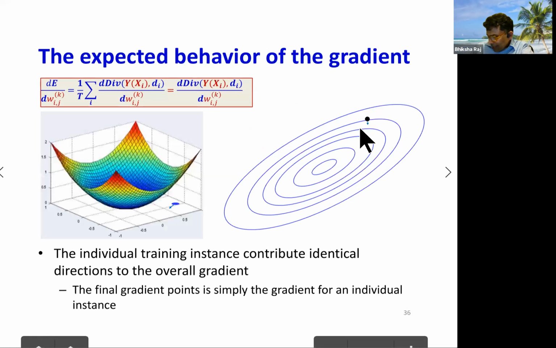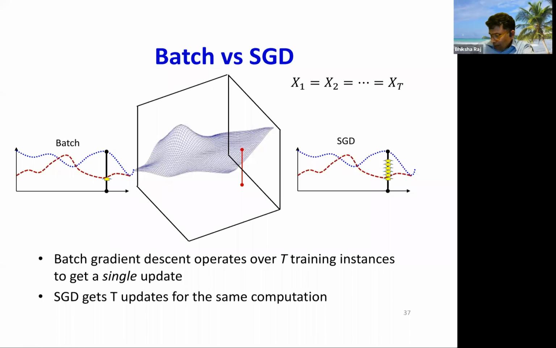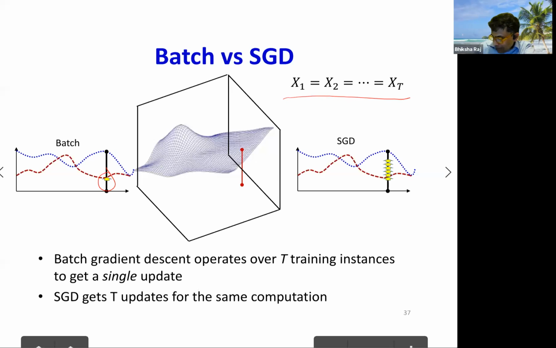So the gradients for every one of the individual training instances will point in exactly the same direction. And so the average gradient will be exactly the same as the gradient for any individual instance. And this means that batch gradient, which operates over all T training instances to get a single update, will just get you this one little update after having processed the entire training data. It's going to give you exactly the same update as what you'd have had if you had considered only one training instance.